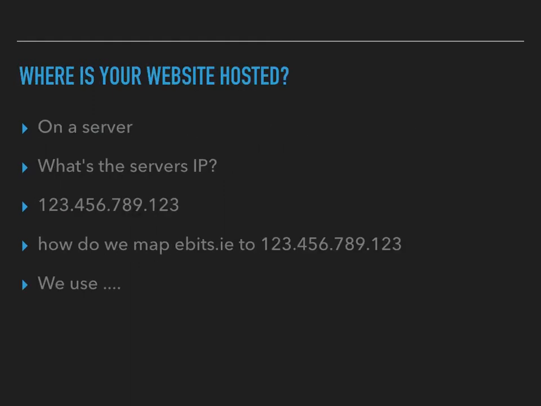So when you host a website, where is it hosted? Well, it's hosted on a server. And what's the server's IP? Well, as we said, it's 123.456.789.123. So how do we map the domain name Ebits.ie to this numerical number where the server is?